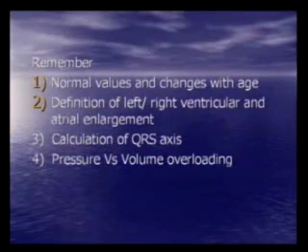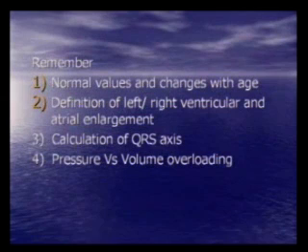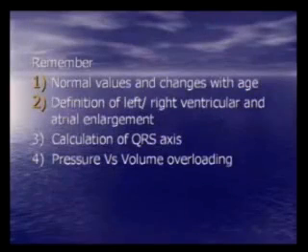Also remember the normal values and the changes that occur with age. Here we are not dealing with a full-grown adult or an adolescent, but with a child who could be a newborn, an infant, a child, and therefore there are normal variations, because as the newborn grows into childhood and adolescence, there are certain variations which occur with age.